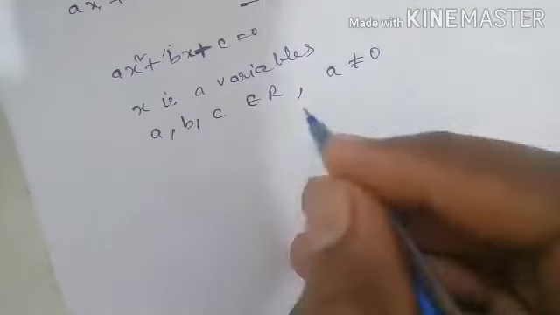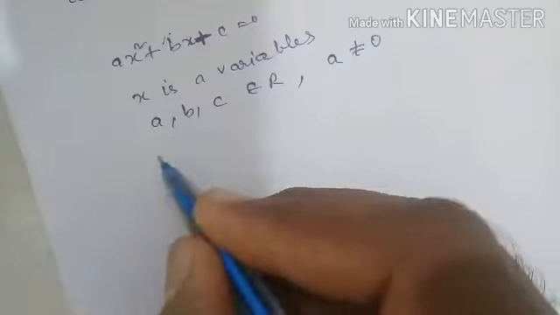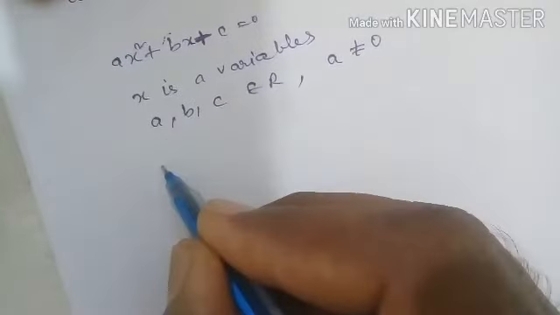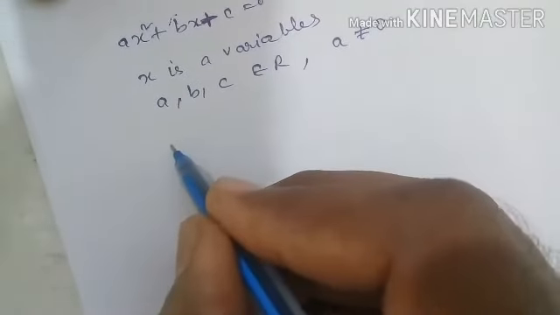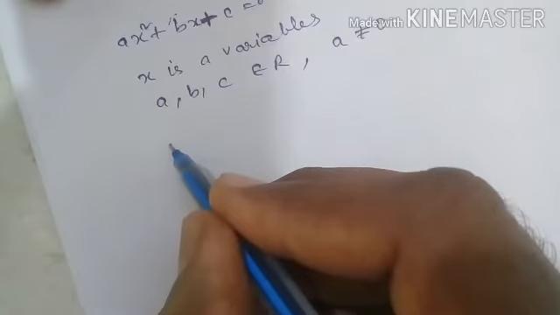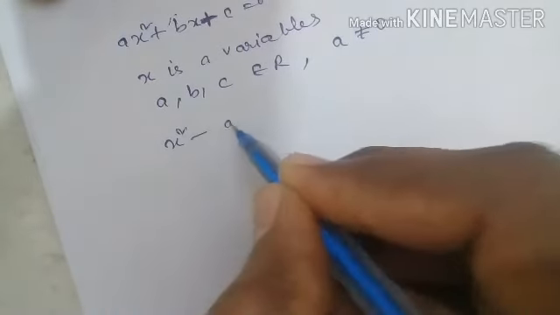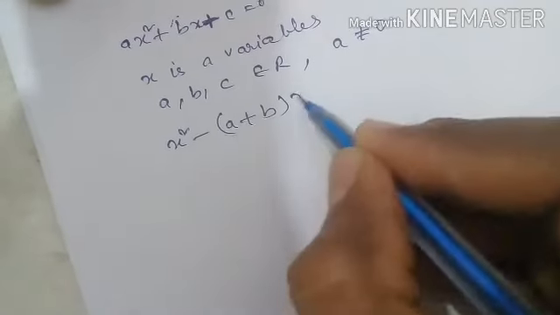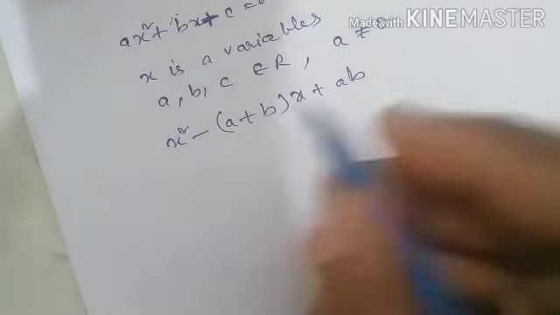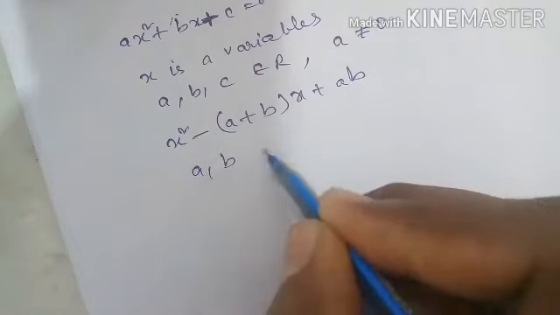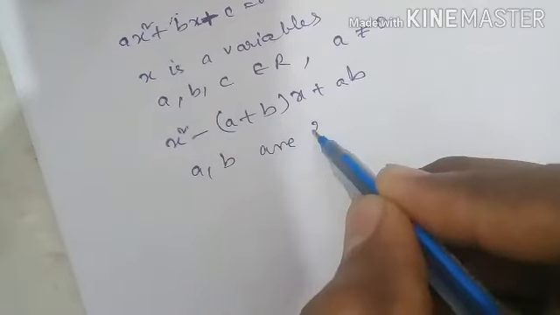So we have to take the general standard form of a quadratic equation. For example, x square minus (a plus b) into x plus ab. Here a, b are two roots.